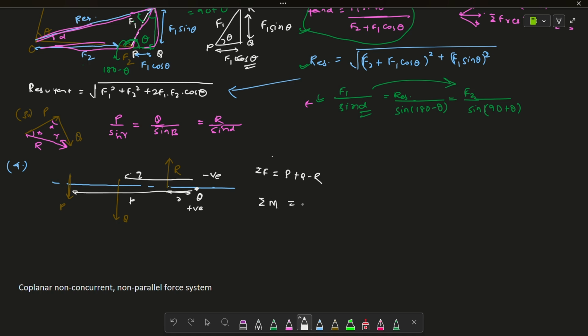The moment balance will come as R into r, taking this direction as a positive moment and this direction as negative. You can take whatever direction you want and you will get the same values, just with a negative or positive sign, that doesn't matter. So Q into q minus P into p. This is the moment balance. So pretty simple, we have to do these two things for coplanar parallel forces.